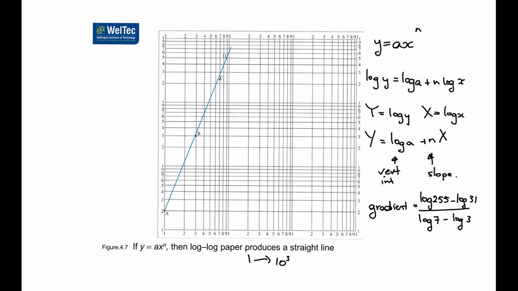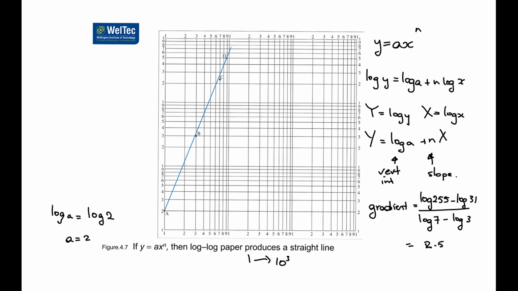So we can work out the gradient is approximately 2.5. a is clearly the vertical intercept, so that means that log of little a equals log of 2, so a is equal to 2.